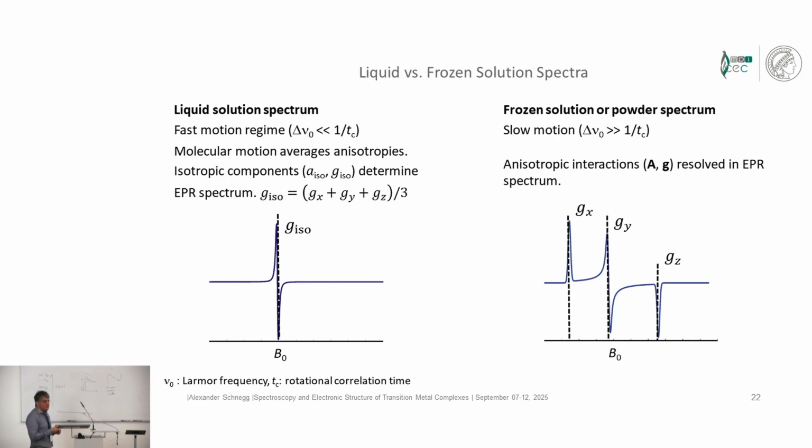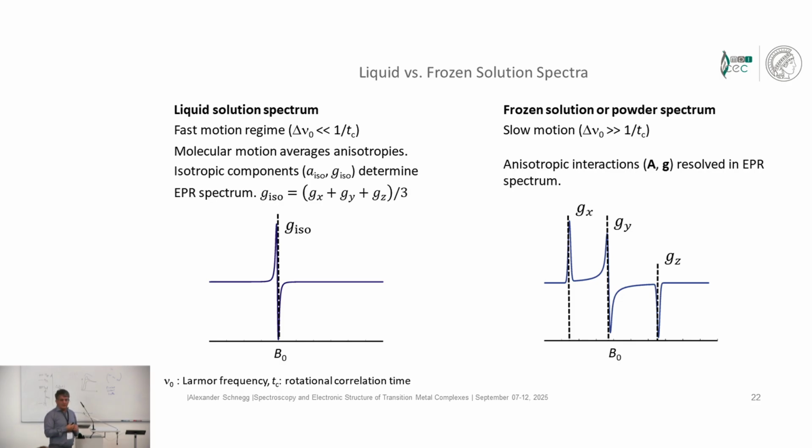An additional case which I left out up to now is liquid solutions, because in liquid solutions, in particular in the so-called fast motion regime, when our molecule tumbles fast, all the anisotropies are averaged out in our spectrum. We just get the isotropic g value, and if sufficient hyperfine coupling is present in our sample, we also see the isotropic hyperfine couplings.